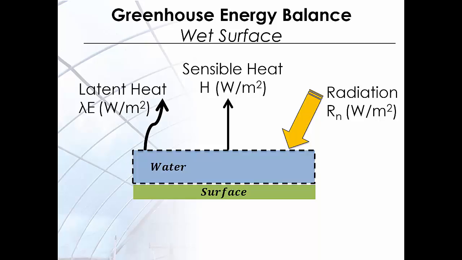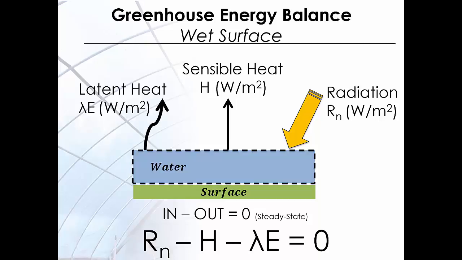So therefore, for a wet surface exposed to solar radiation, a simple energy balance on a surface can be performed assuming steady state conditions, so the input minus output equals 0.